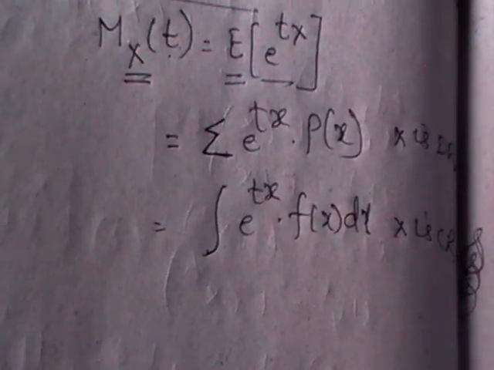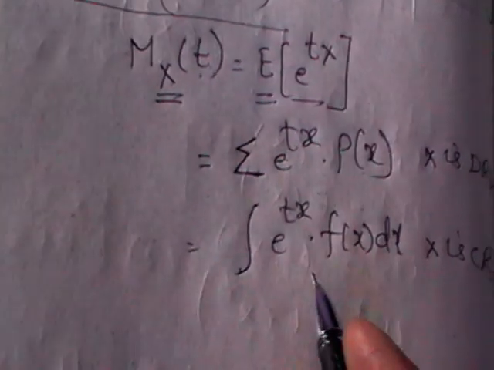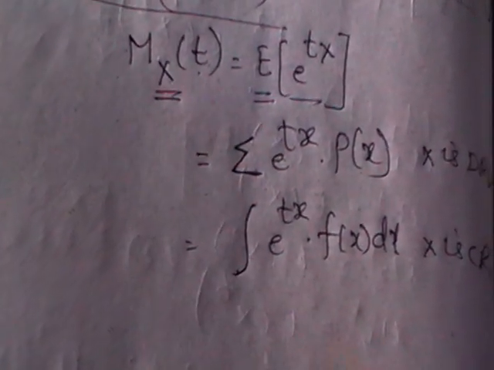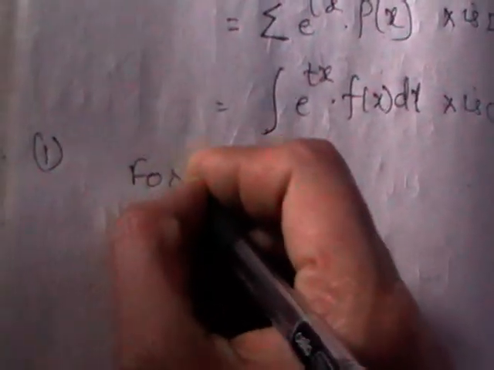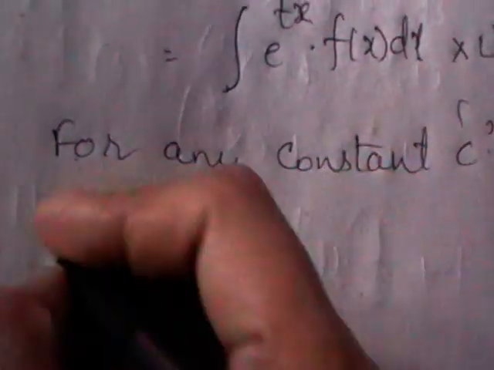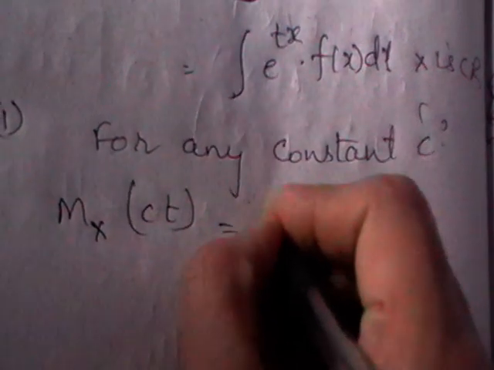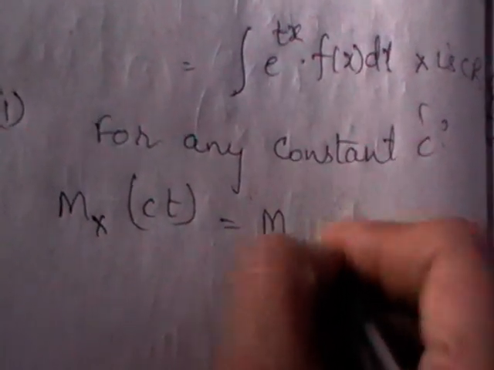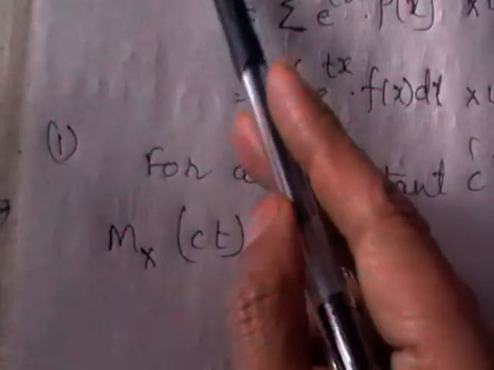We have already discussed how to generate moments from this. Now we are going to discuss the properties of the moment generating function. The first property is that for any constant c, M_X(ct) is equal to M_cX(t). Generally the moment generating function is indicated with M_X(t).